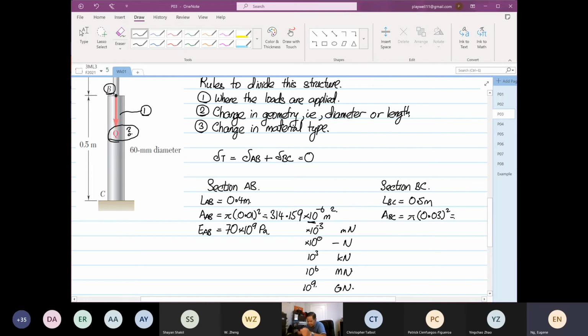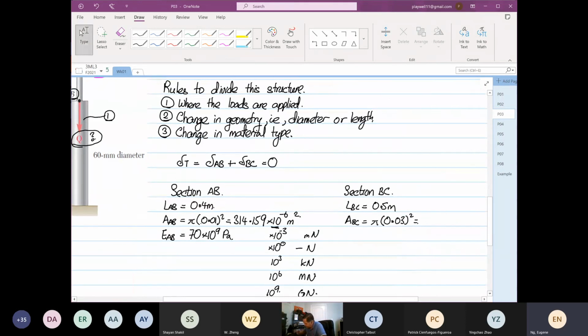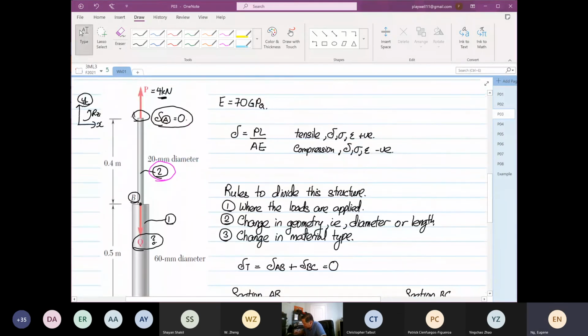So it's equal to 2.8274 or 827 times 10 to the power minus 3 meters squared. And our EAB is equal to 70 times 10 to the power 9. So this is the easy part. The difficult part is, what is the P?